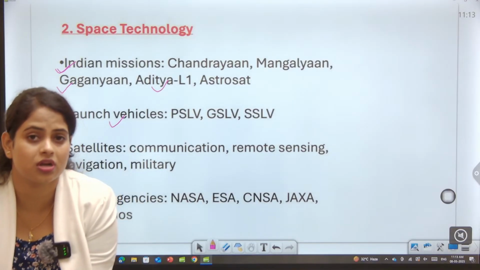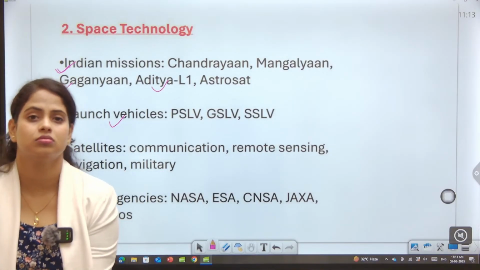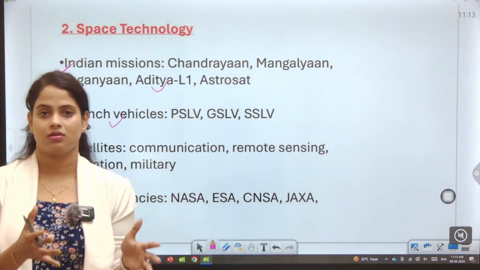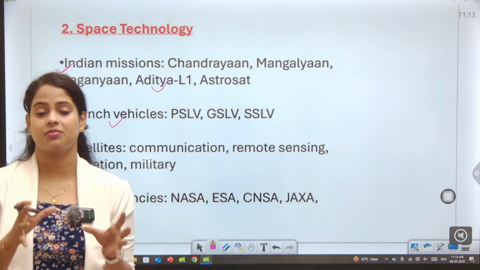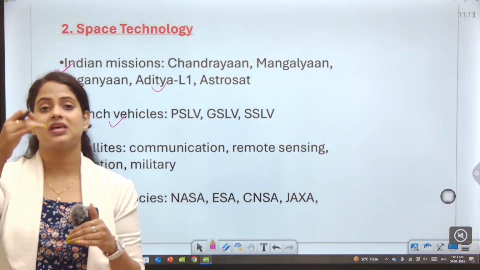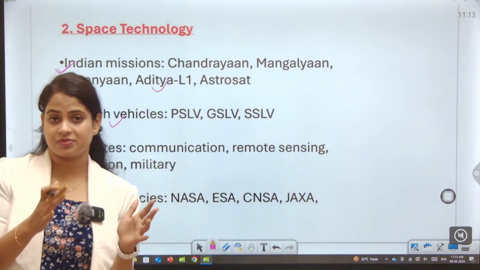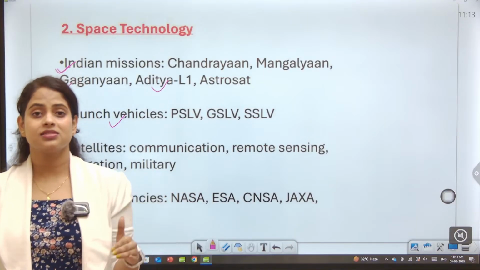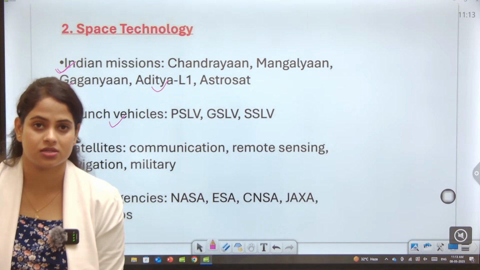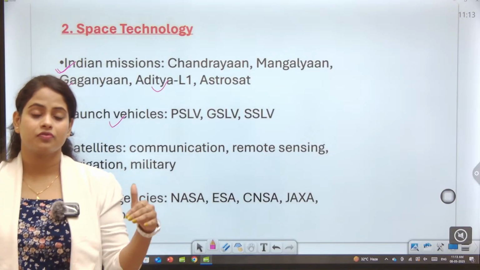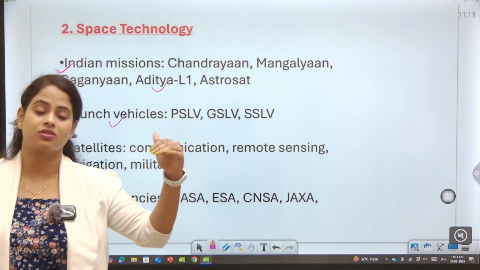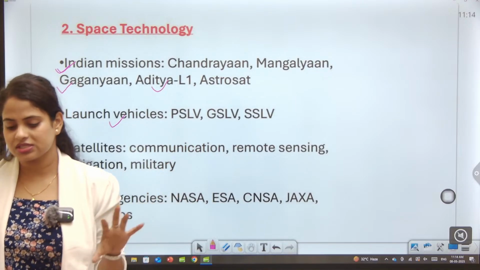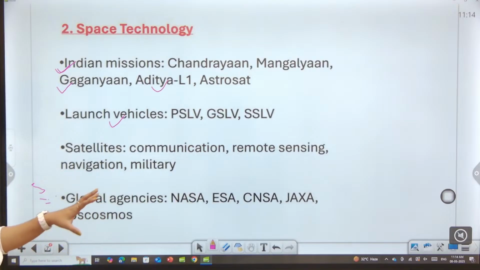These are the kinds of launch vehicles. Before knowing the launch vehicles, you have to have knowledge about the satellites, the stages of satellite building, the types of satellites, the fuels being used in the satellites, and the orbits from which the satellites are being launched: the low earth orbit, the medium earth orbit, the high earth orbit, or the geosynchronous earth orbit. So these are so much important for you all.